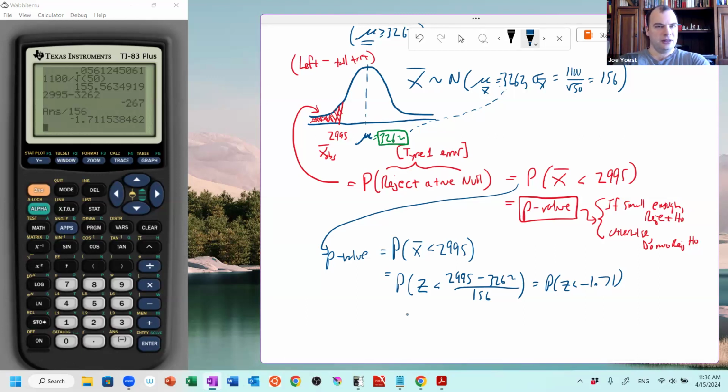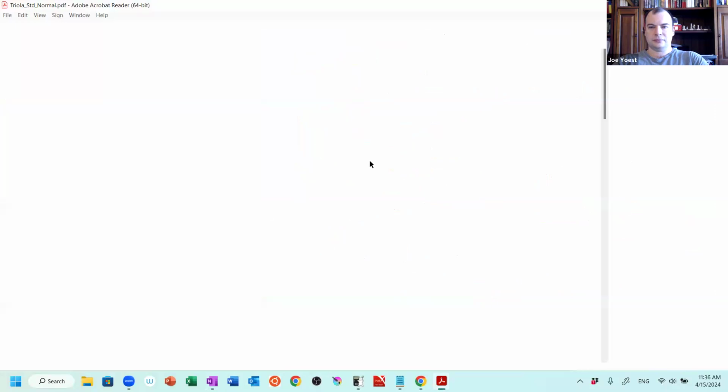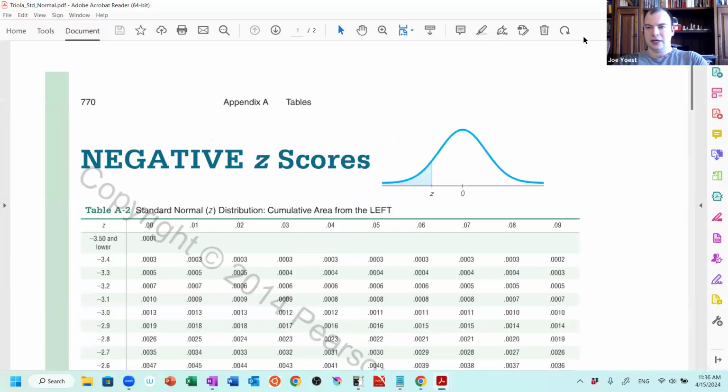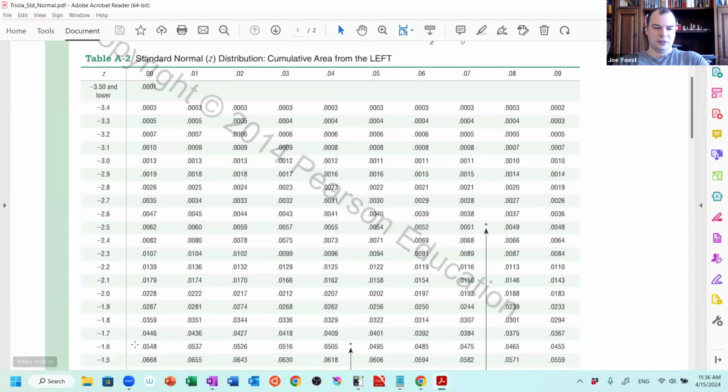I think we have a gut feeling that it's not super unlikely. Let's look carefully, though, at our normal table and find the area to the left of negative 1.71. Here's the area to the left of negative 1.71, and that's 4.36%.